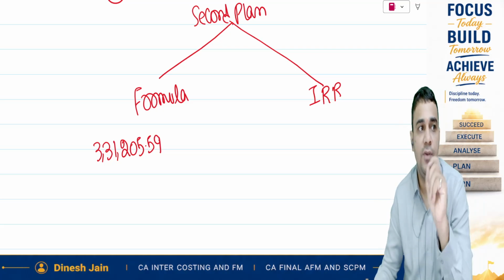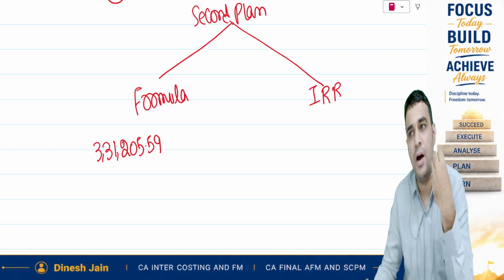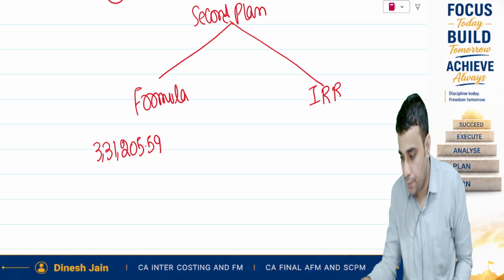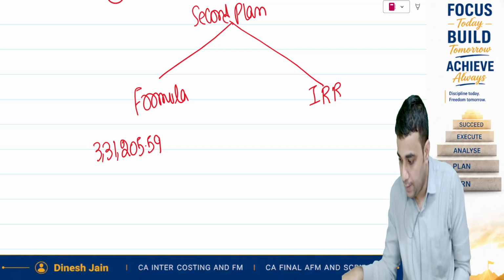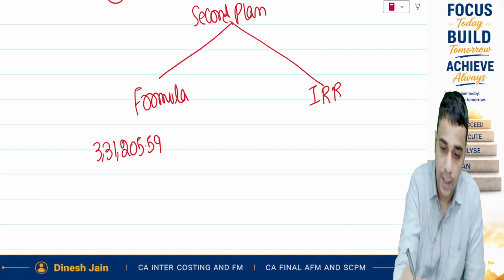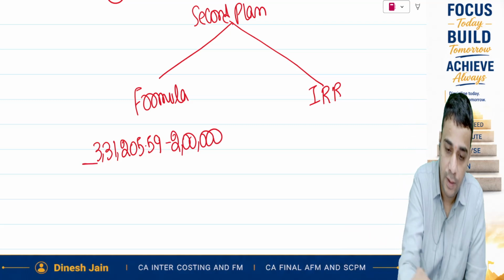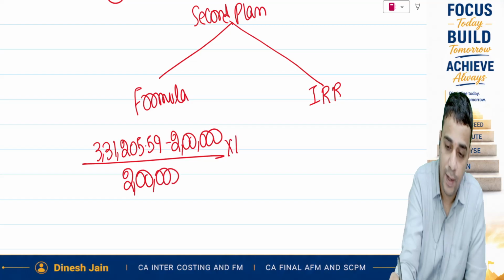Your major time will get spent on this only. I have avoided that time itself. 331,205.59 minus 2 lakh, divided by 2 lakh, 12 by 60.